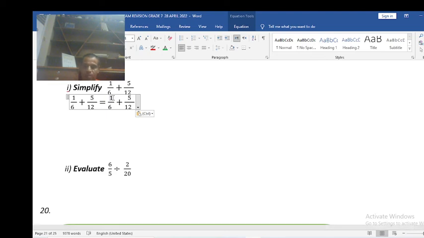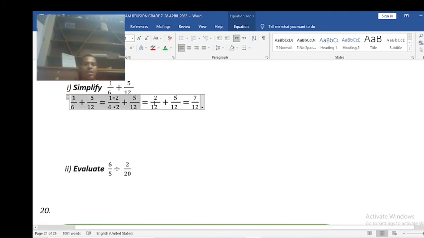So 1 multiplied by 2, and I multiply the denominator by 2 as well. So this should be equal to 2 divided by 12, then plus 5 divided by 12. I can now add the numerators, because I have the same denominator, the least common denominator 12. So 2 plus 5 is 7, 7 divided by 12. Clear? This is the correct answer for this kind of fractions.